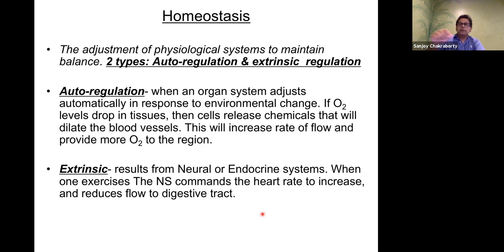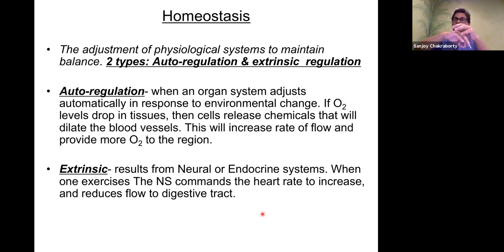Your muscles here are working, and they increase their demand for oxygen. Same thing when you're running on a treadmill: your leg muscles are working, so they increase the demand for oxygen because they want to make more energy. Locally, those areas will sense that they need more oxygen.